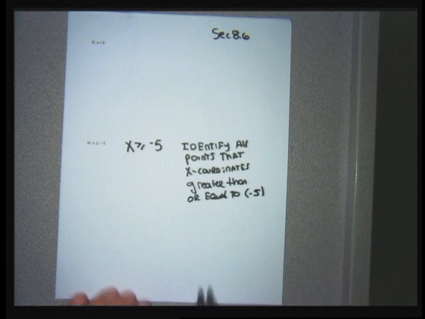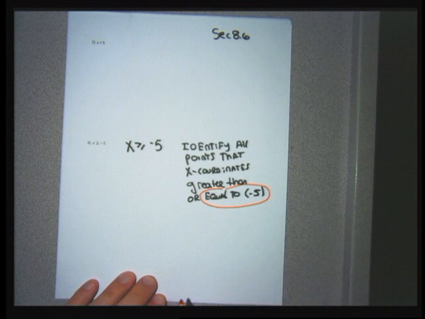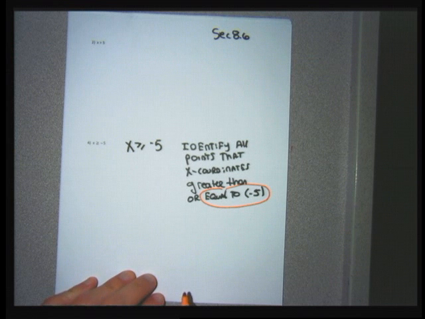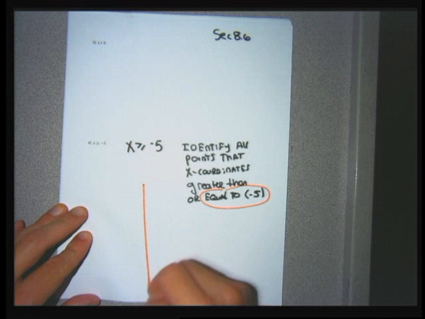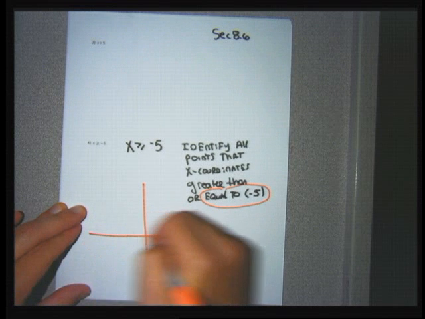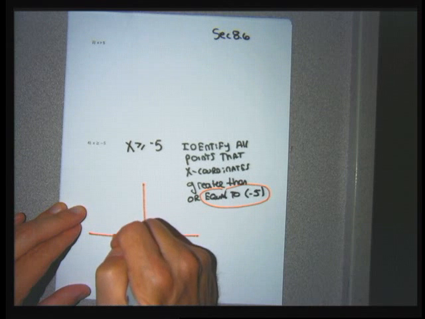To do this, it's easy for me to show this part. I can show all the points on the coordinate system that have x coordinates equal to -5 because that's going to be any point that's on the line x equal to -5.